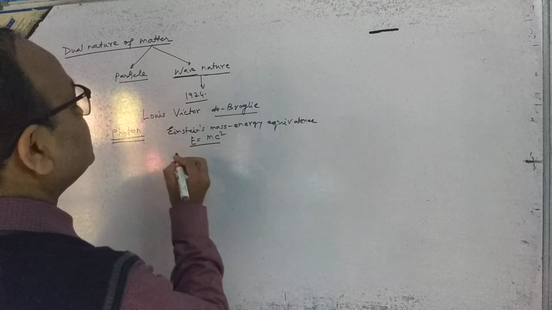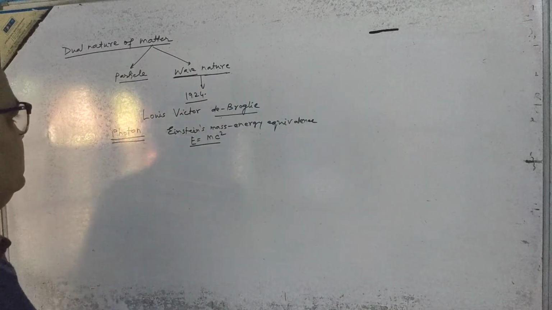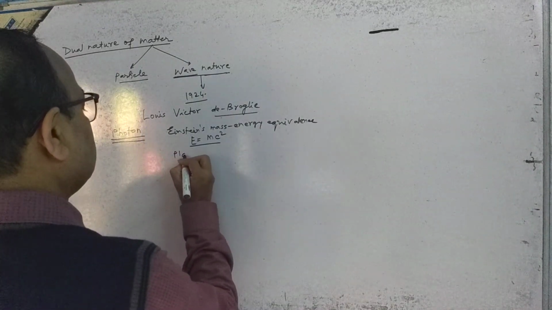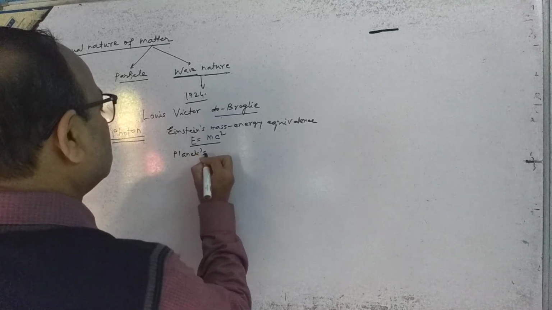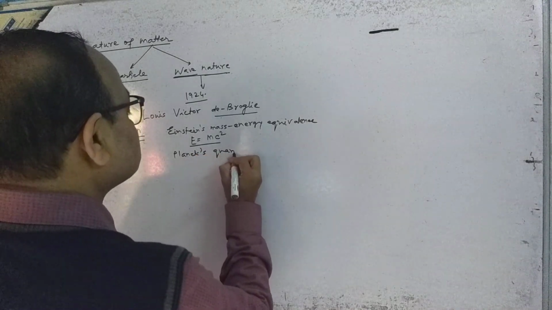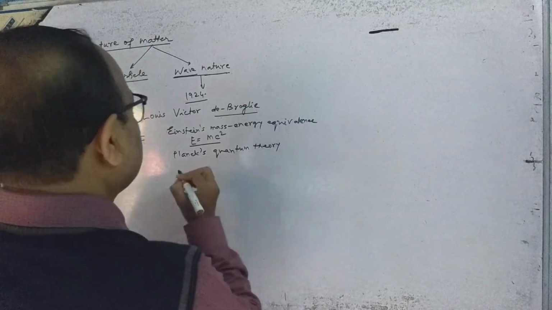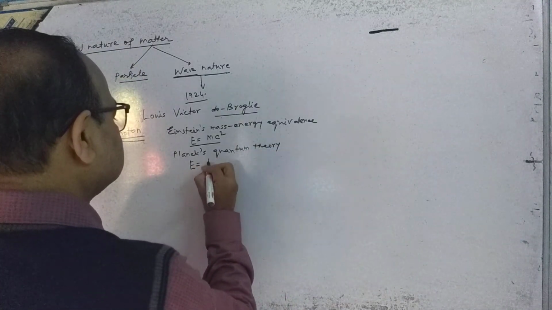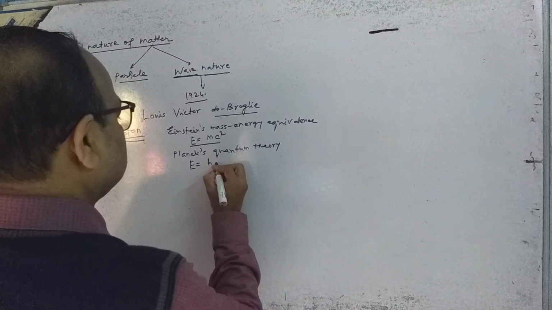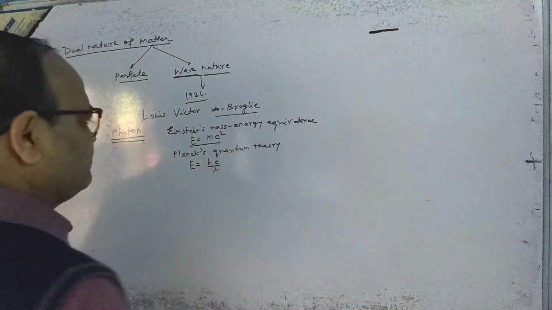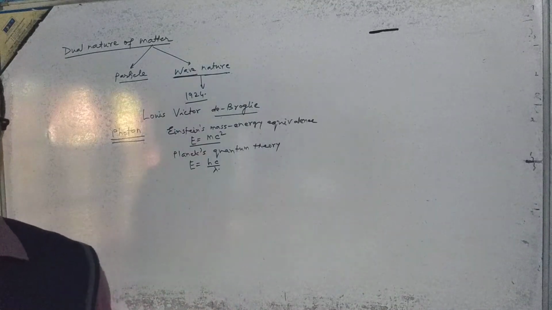Now, according to Planck's quantum theory, E = hc/λ. Very well known, we have already discussed.